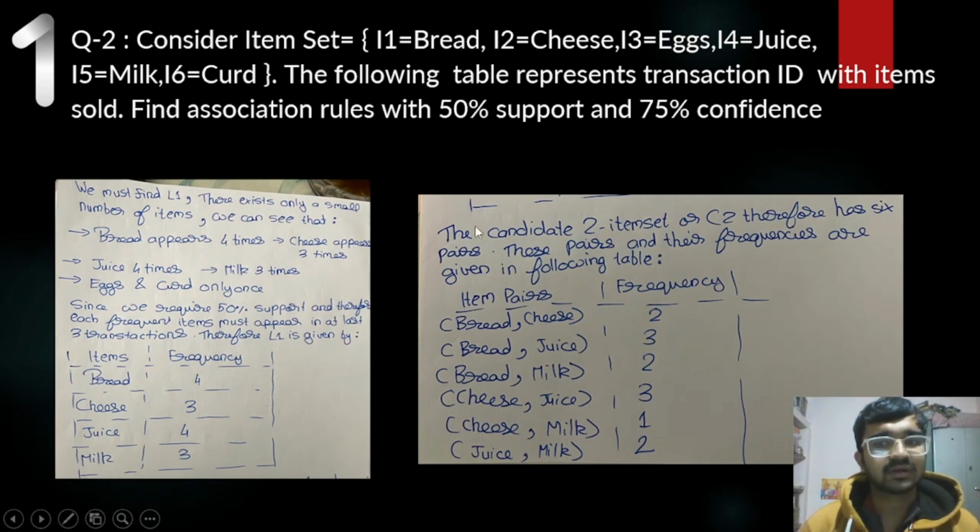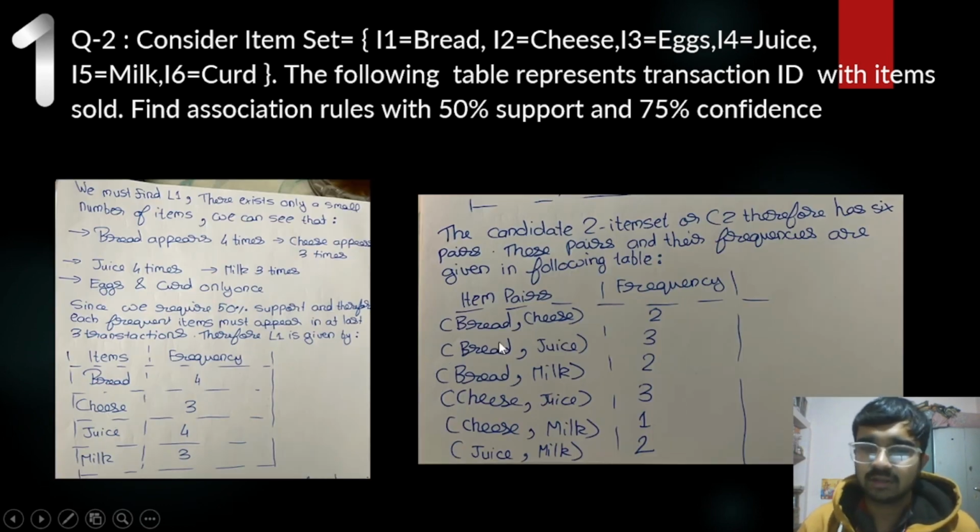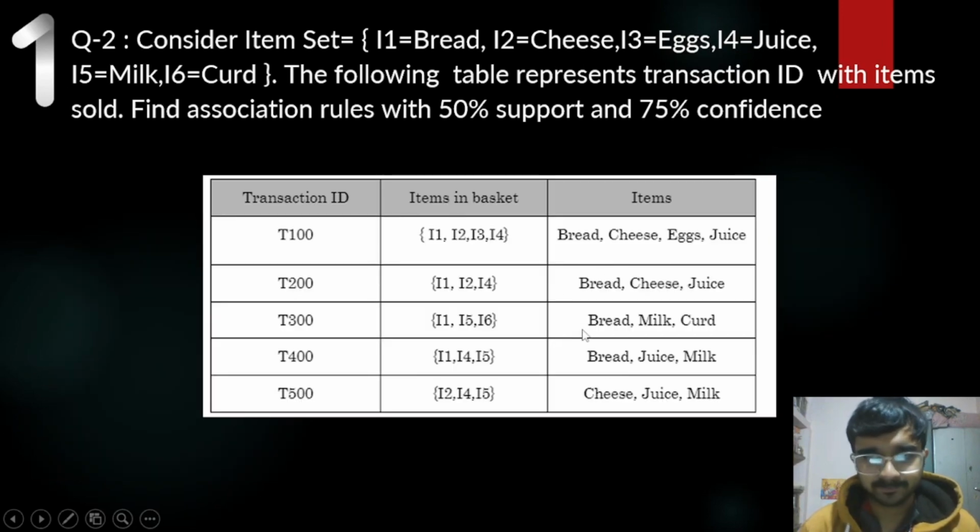Similarly we will create the two-item sets, which we call L2 or C2, and it will contain the pairs which are contained in our transactions. So we have created the pairs bread-cheese, bread-juice, bread-milk, cheese-juice, cheese-milk, juice-milk, and we have counted the occurrences of these in our transactions.